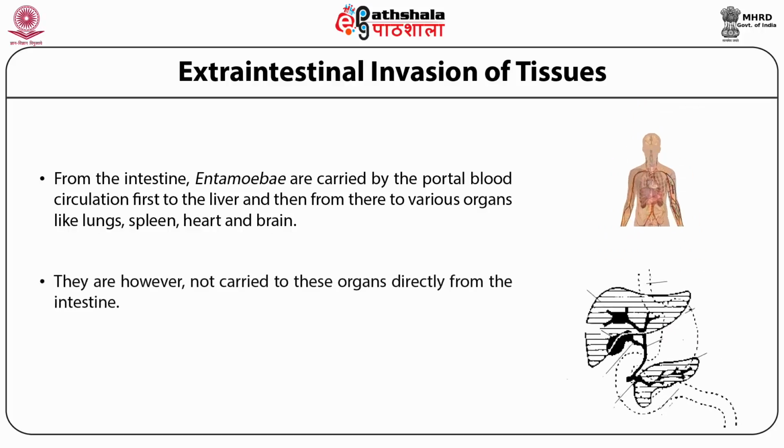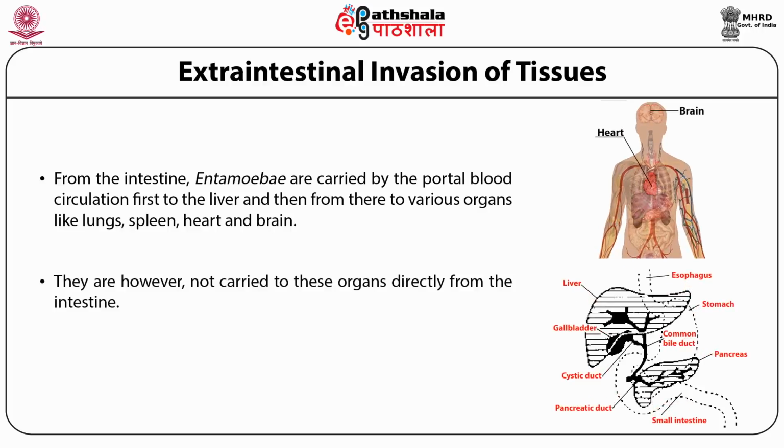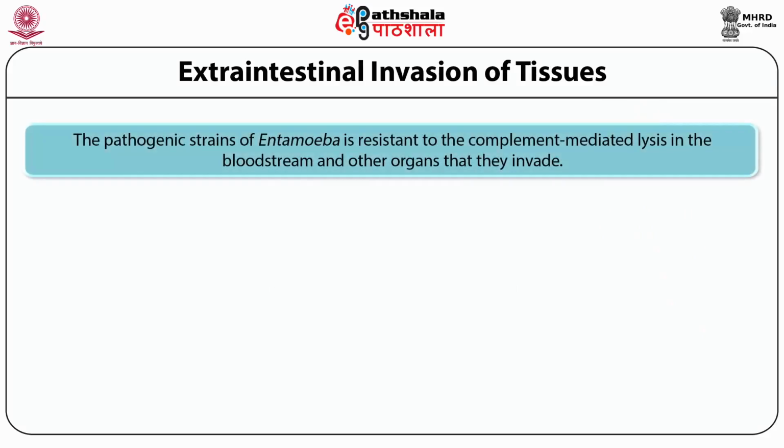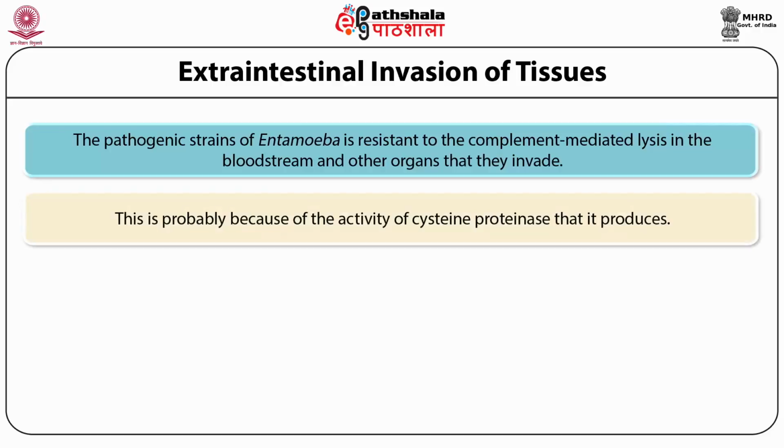They are, however, not carried to these organs directly from the intestine. The pathogenic strains of Entamoeba are resistant to the complement-mediated lysis in the bloodstream and other organs that they invade. This is probably because of the activity of cysteine proteinase that it produces.